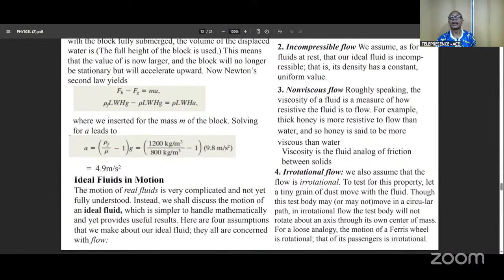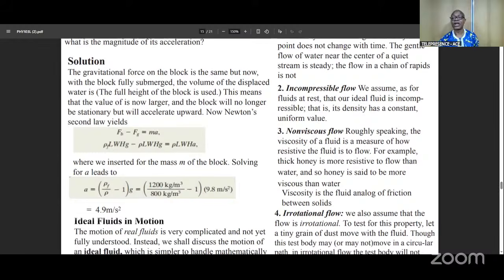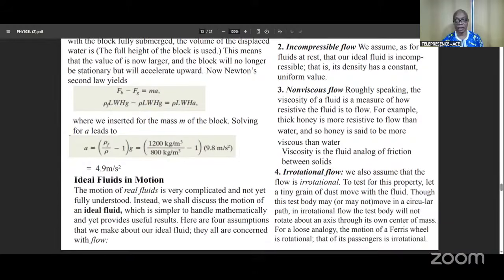We're able to look at steady flow, constant velocity; incompressible flow, having constant density; non-viscous flow, in which case the friction between molecules is 0; and then we'll look at irrotational flow.